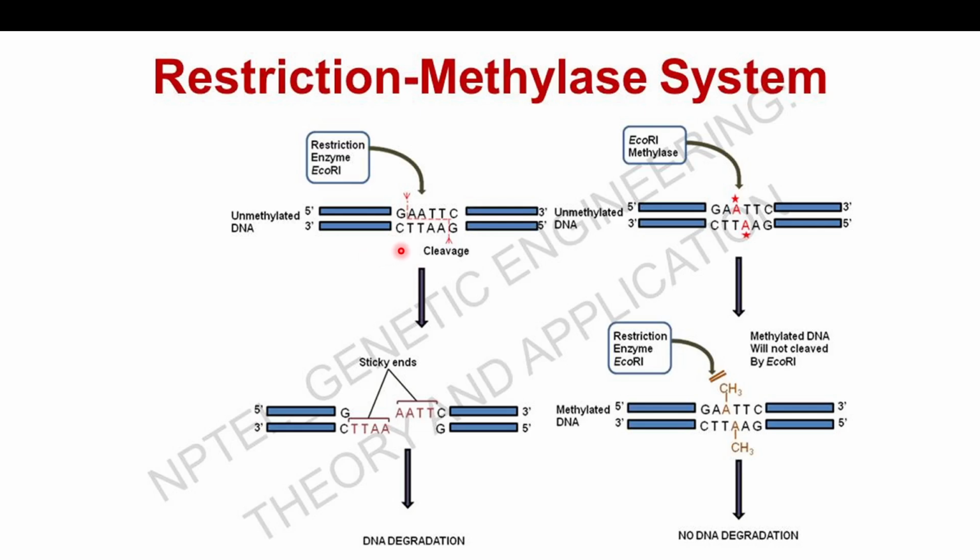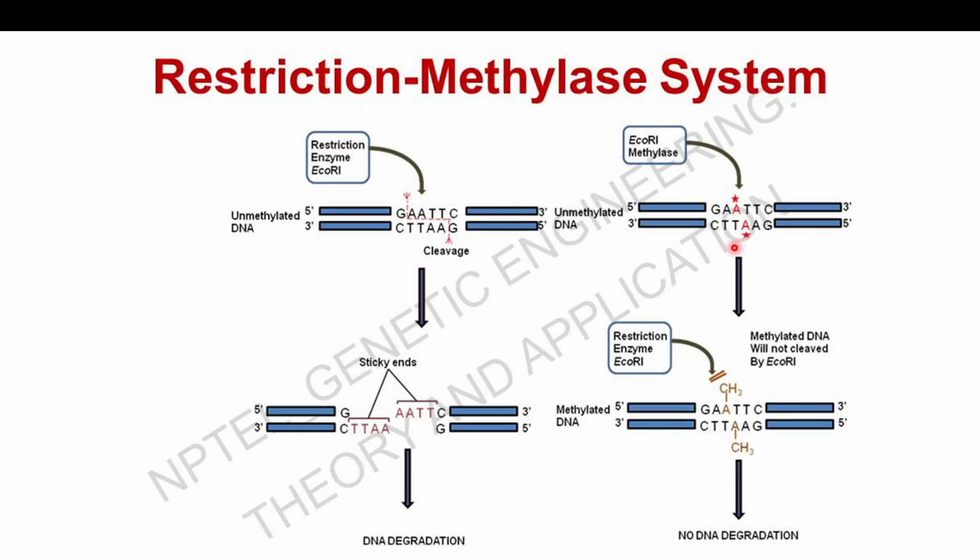So usually, in the bacterial cell, the cell's own genome or DNA sequence is methylated. This methylation, the addition of methyl residues, CH3, onto the nucleotides, is done by the methylase enzyme.